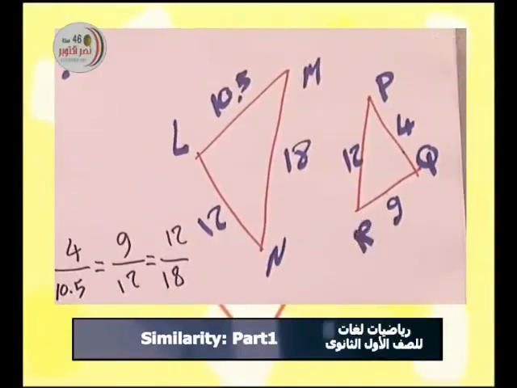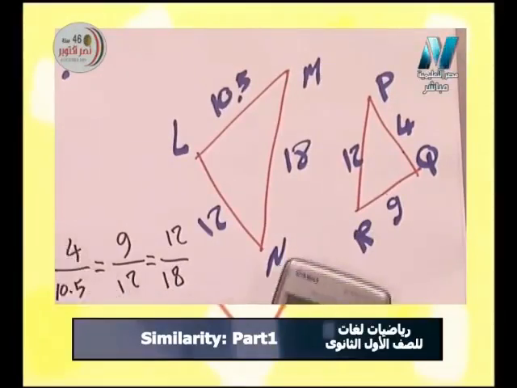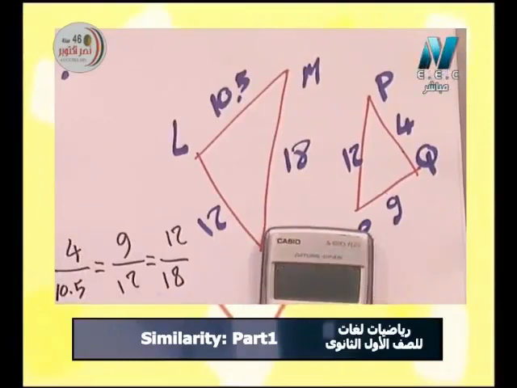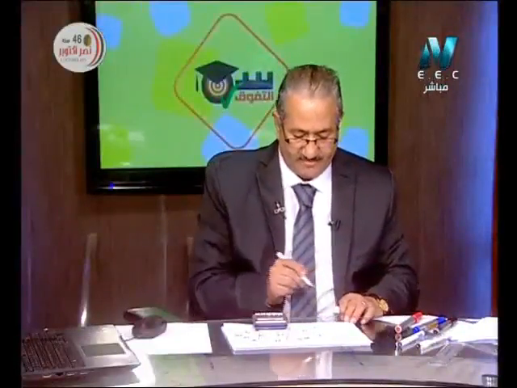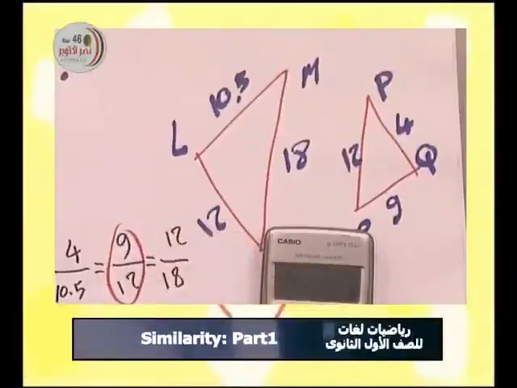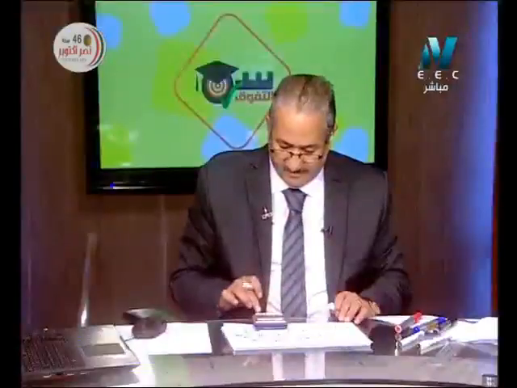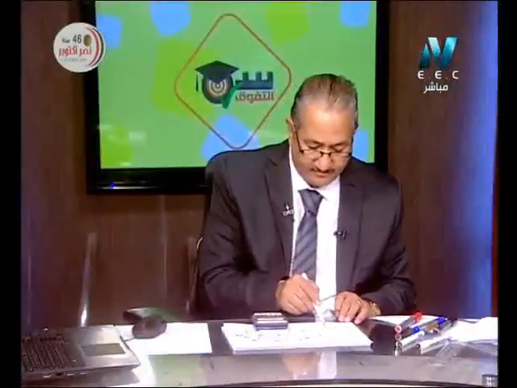Look carefully, and you can use your calculator to decide. We have here a fraction, 4 over 10.5. The answer will be 8 over 21. And this one, 9 over 12. The answer will be 3 over 4.